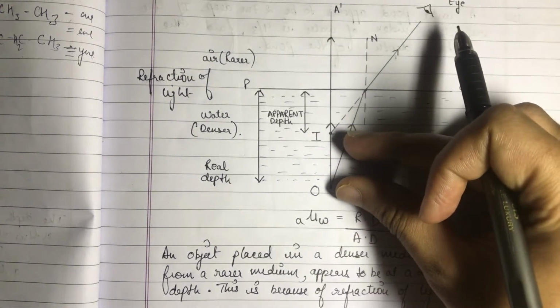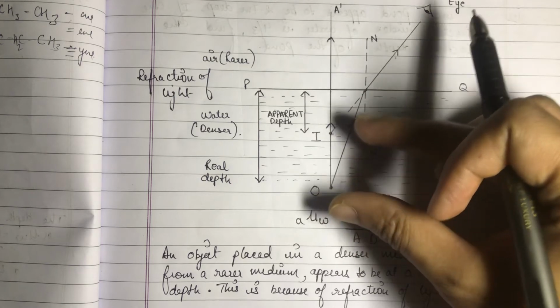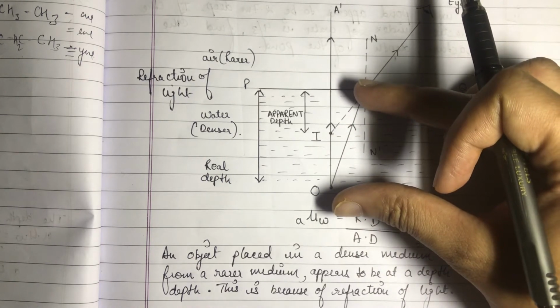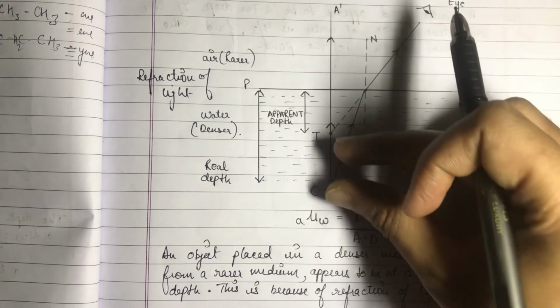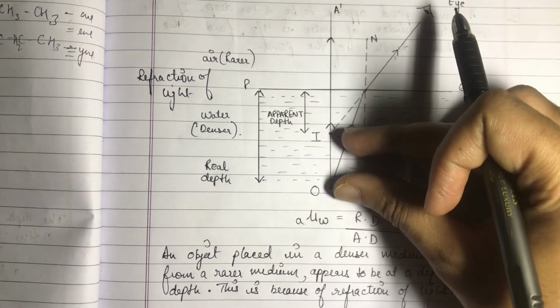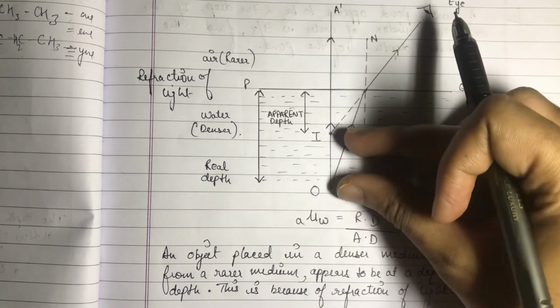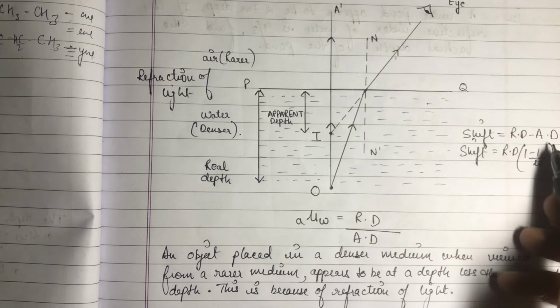This is the real depth. If we subtract the apparent depth, this is the apparent depth, what we get is known as our shift. So shift is real depth minus apparent depth.